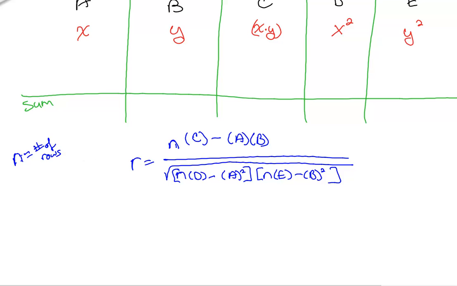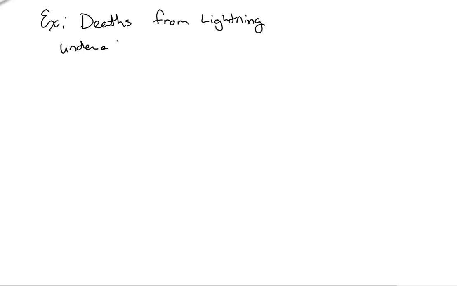Okay, so let's do an example. And the example that we're going to do is continuing to work with the deaths from lightning. So we're going to continue with the deaths from lightning. And so we had under a tree, and we had other types. Whoops.